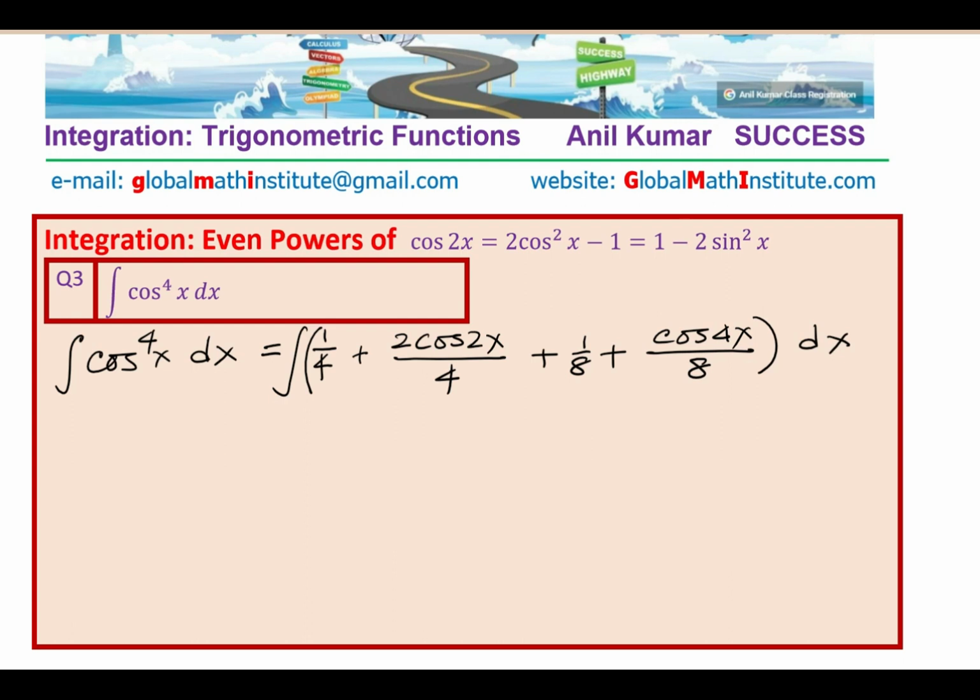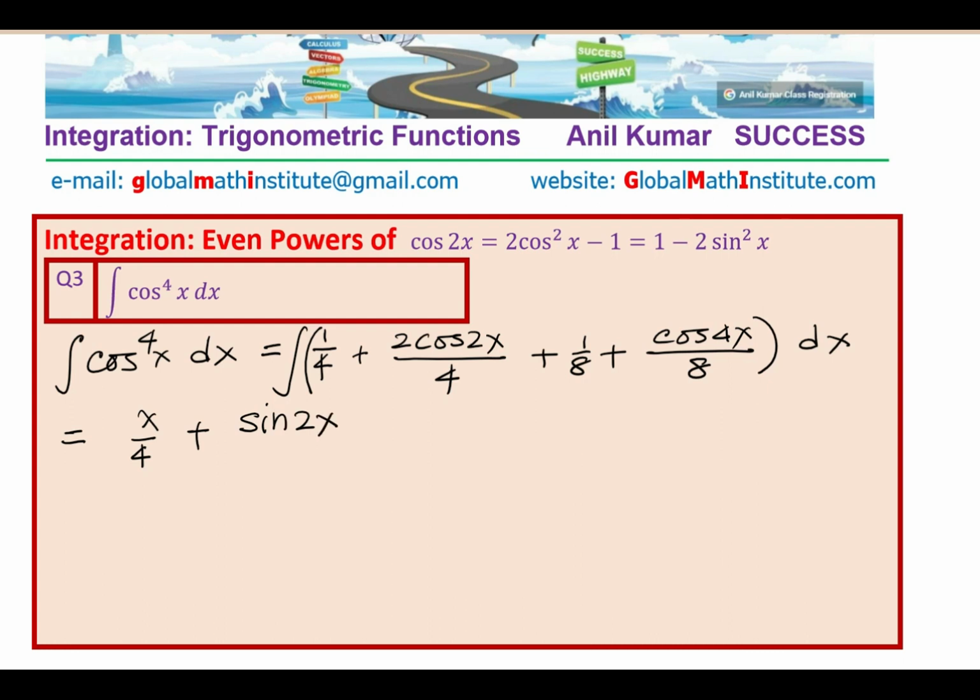And we can now simplify it, write down the integral: 1/4 of x, right? So it is x over 4 plus, when you divide this by 2, cos 2x will give us sin 2x.